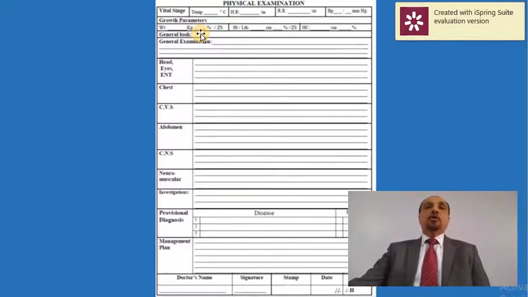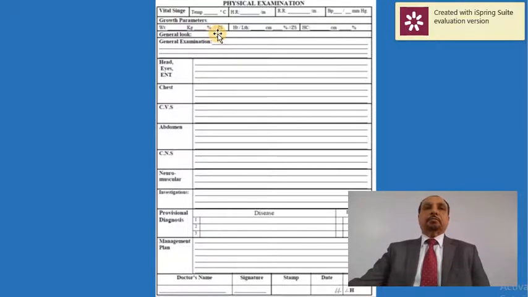Also, if you are making a handover because you are on duty and another colleague is coming after you, you have to mention all these things about our very ill patients, because they may deteriorate anytime and may need pediatric ICU admission.